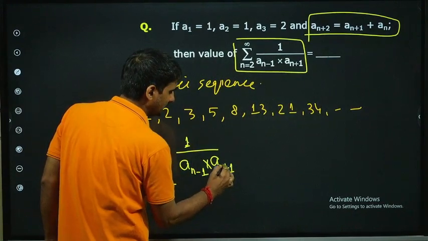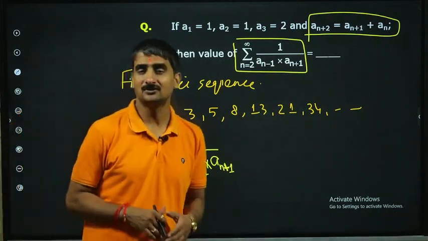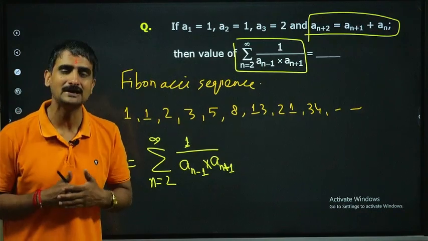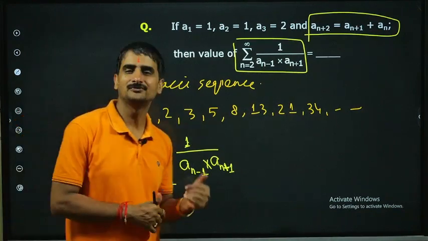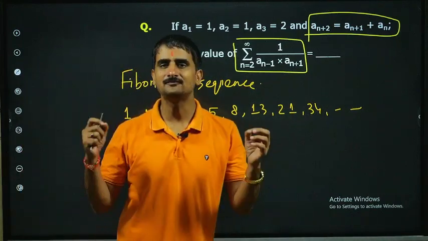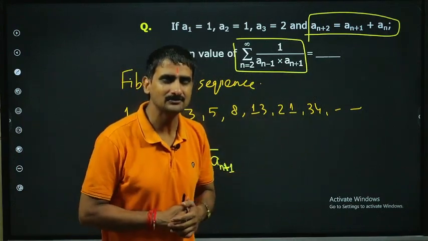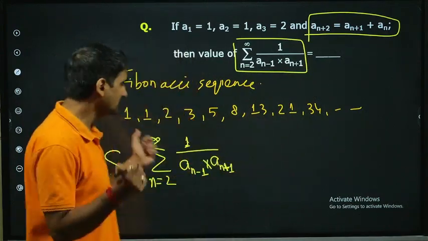If any one of you has done it, that's really good. That means you have understood very well how to approach this type of question. You don't have a choice. You don't have any result or formula for a series related to the Fibonacci sequence, so we don't have a choice.